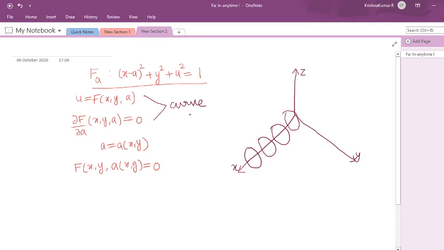So in this case, we have a one parameter family of spheres in R3, and we are getting the envelope as a cylinder. So here you will get a cylinder of this form. This is the envelope in this case.